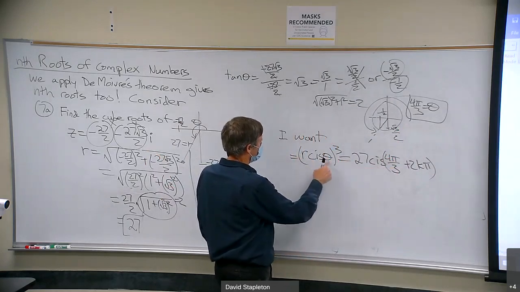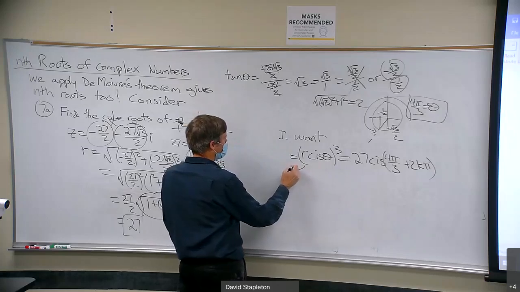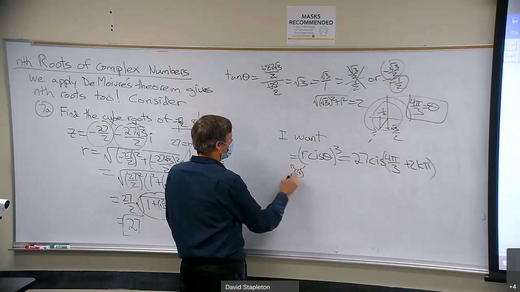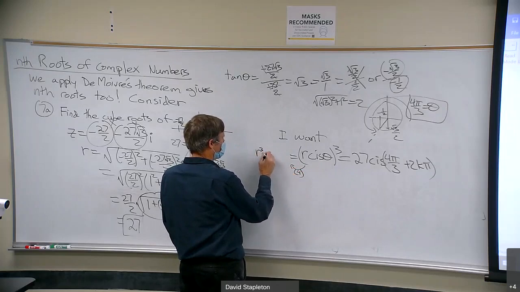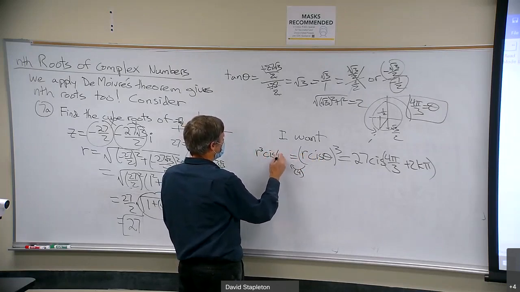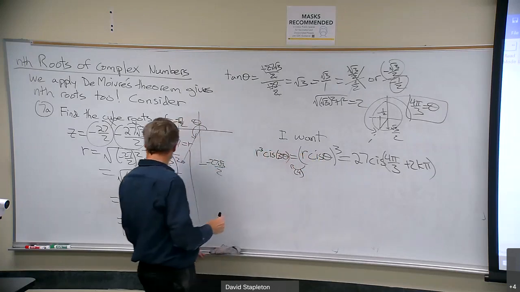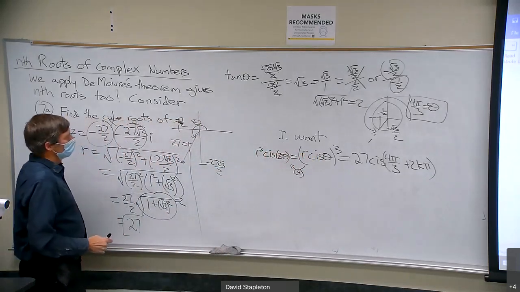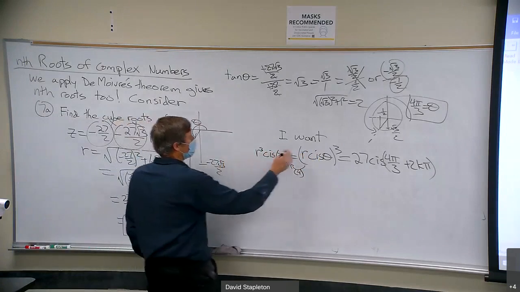Well, remember by De Moivre's theorem, this is r cubed, and the angle is tripled. This formula.